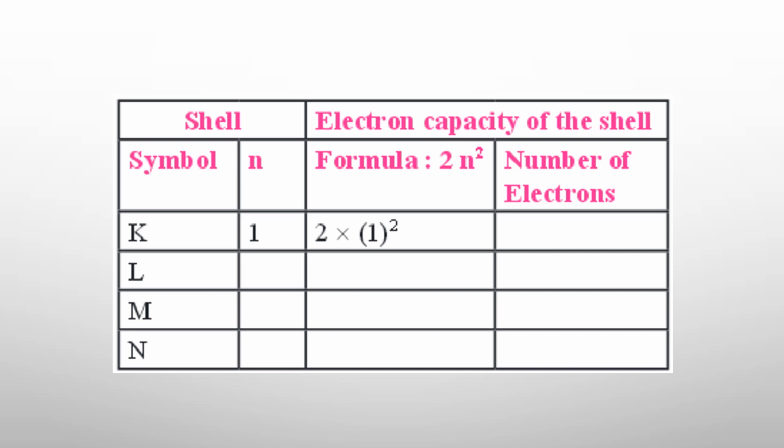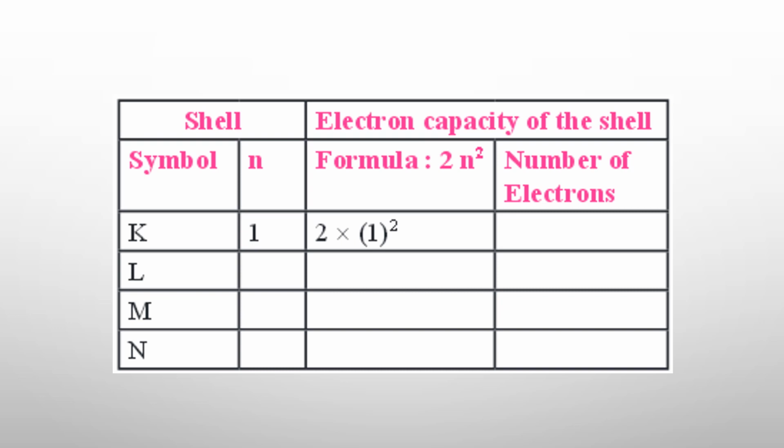We look at the first and the second column. The first column is the symbol of the shell. We know it's K, L, M, N. What is n? n is nothing but the number of the shell. K is the first shell, closest to the nucleus, that is why n is written as 1.